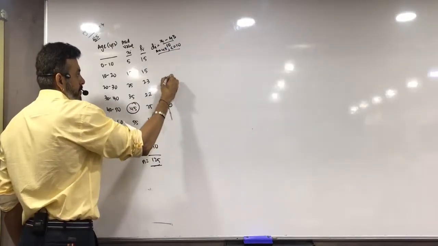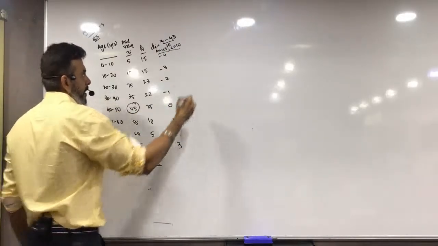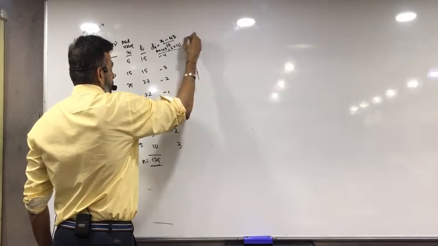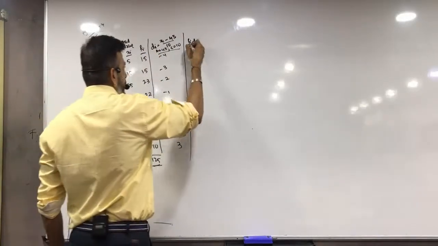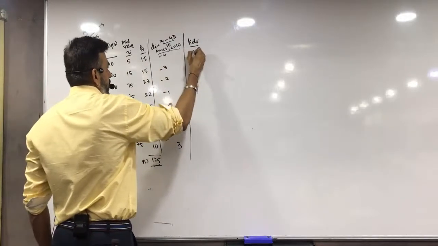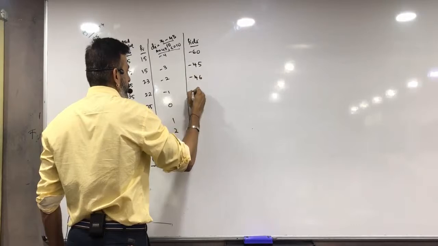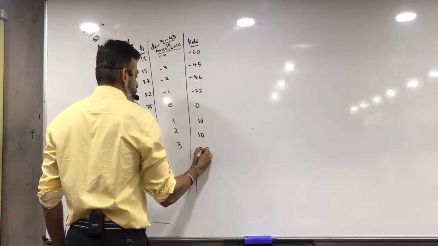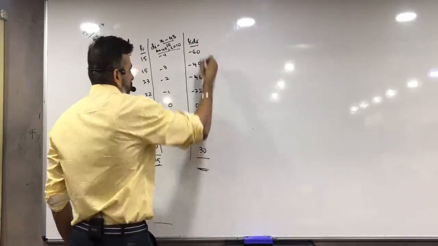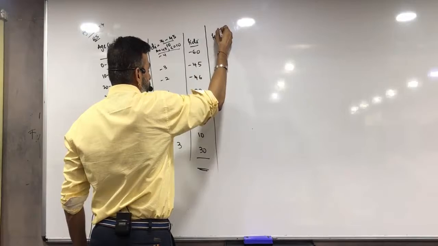Di: 0, minus 1, minus 2, minus 3, minus 4, 1, 2, and 3. Fi di. If you get confused, then you draw lines. Okay, Fi di: minus 60, minus 45, minus 46, 22, 0, 10, 10, 30. And then Fi di square.